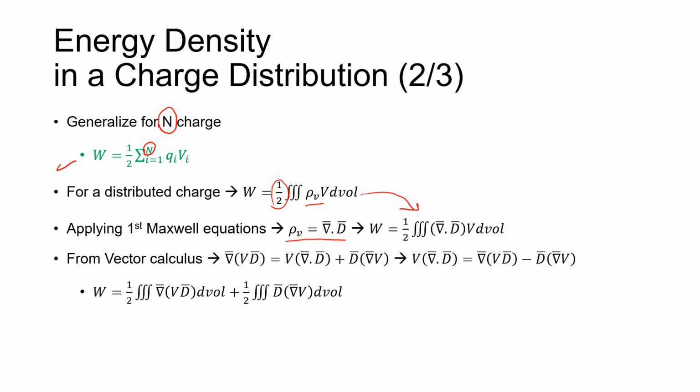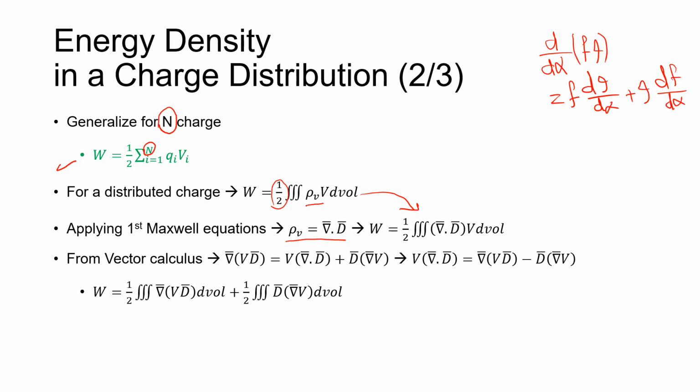Recall from vector calculus that if you differentiate two functions multiplied by each other, for example f and g, you get f multiplied by the derivative of g plus g multiplied by the derivative of f.